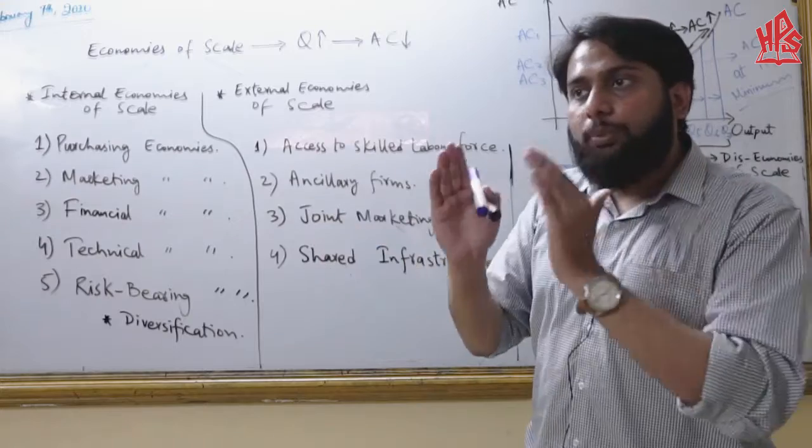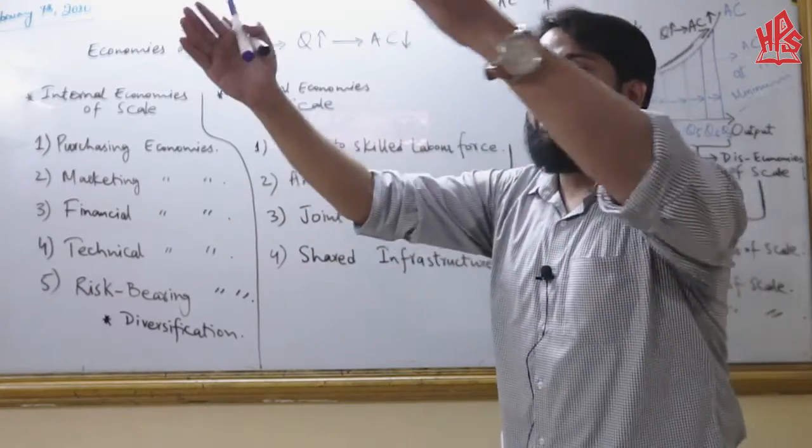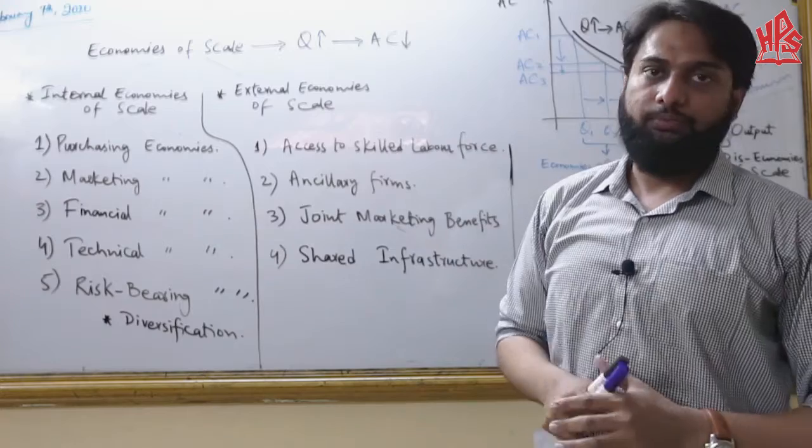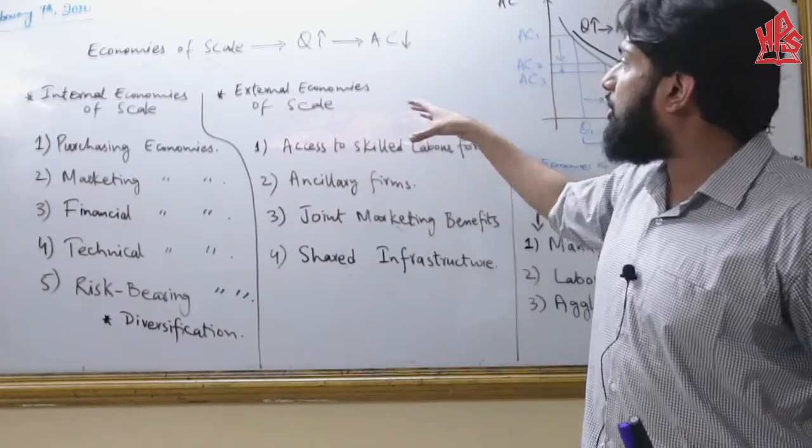They support that infrastructure in the locality where different businesses are located. So these are examples of external economies of scale.